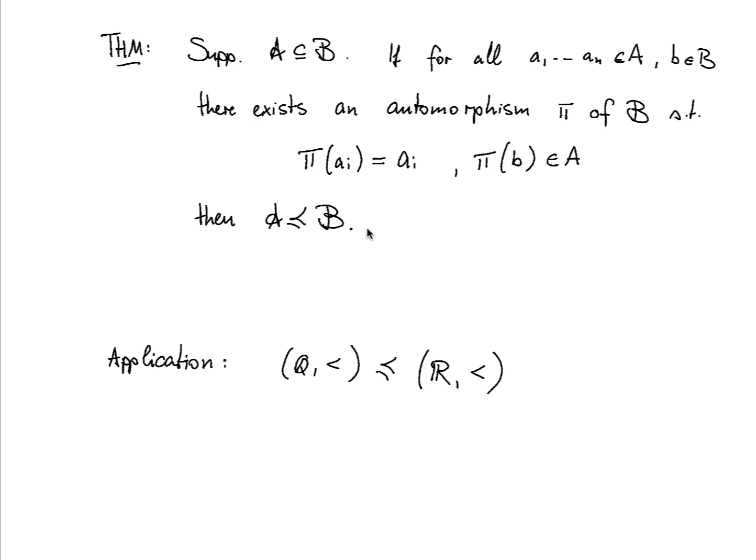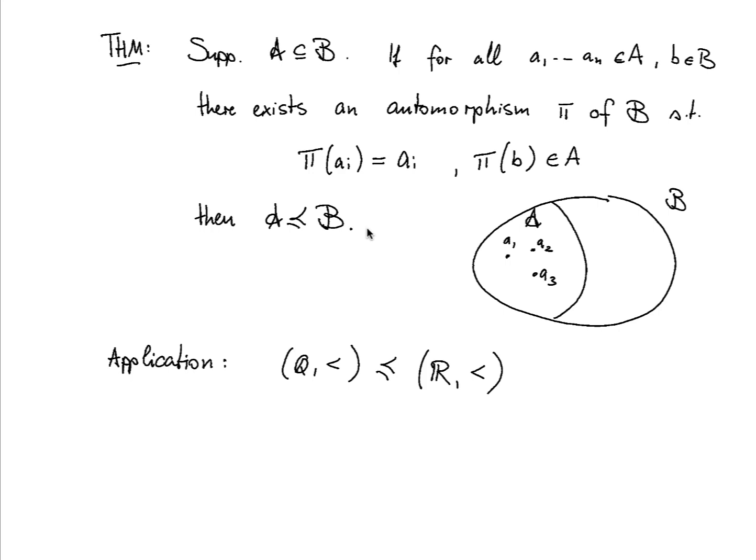So again, if we do have a structure B here, and inside this sits A, and given a finite tuple in A, let's say in this case a1, a2, a3, and an element b in B, we can find an automorphism pi of the structure B that leaves the ai's fixed and moves b into A.